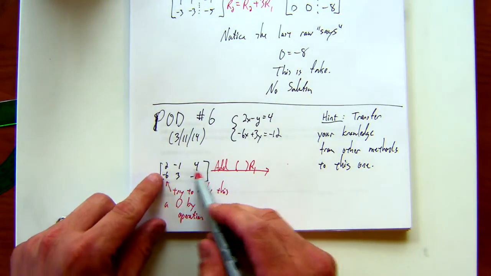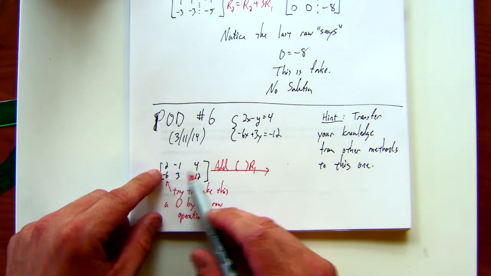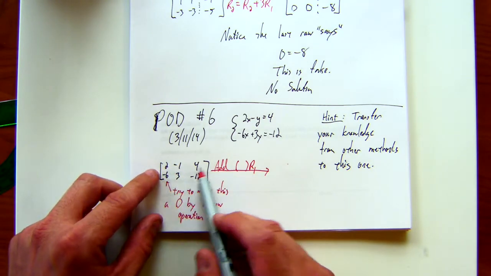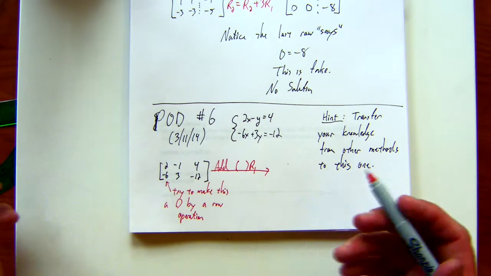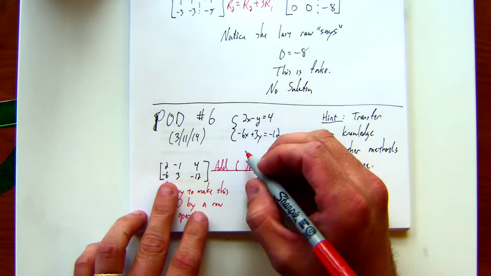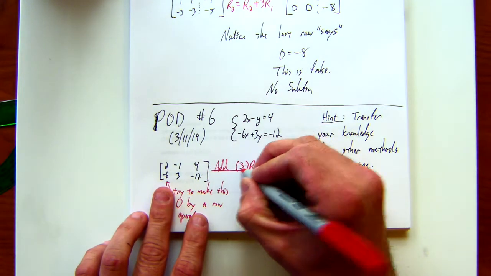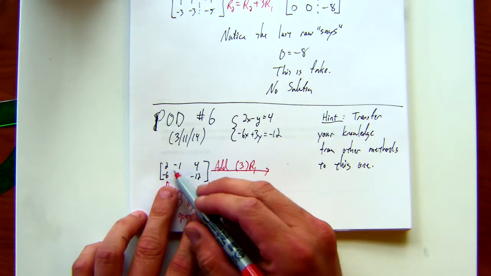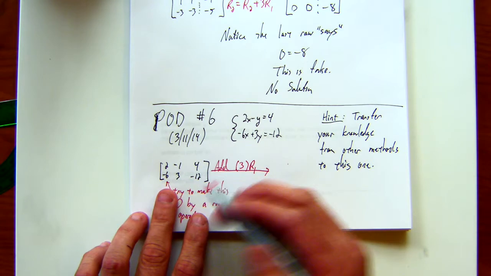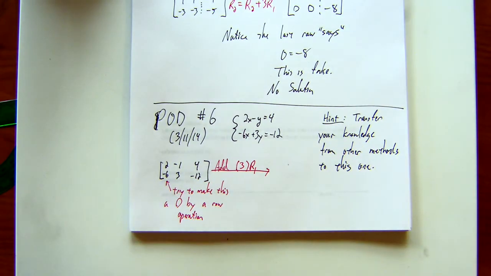What multiple of row 1 do I need to add? When I say multiple, I need to multiply row 1 by this number. Good. Not a -3, because I've got the -6 here already, so just a +3. So I need to add 3 row 1 to this thing. And now what do I get when I do that? Everyone try that out. Get your second point.